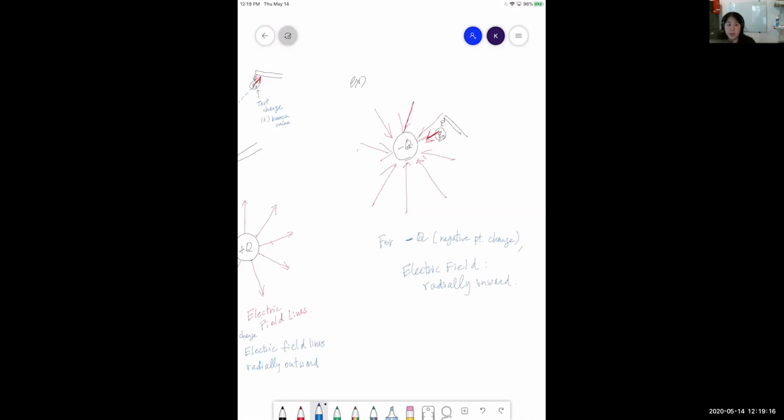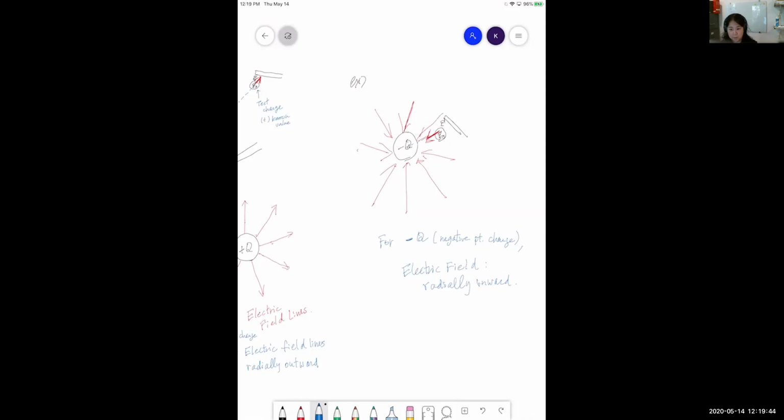I'm drawing in 2D, but you know this is happening all around in 3D, right? If I put the charge here, it's going to be an attractive force. So imagine that there's a field line everywhere going in towards the minus Q. If it's a positive Q, you have field lines generated everywhere outward.